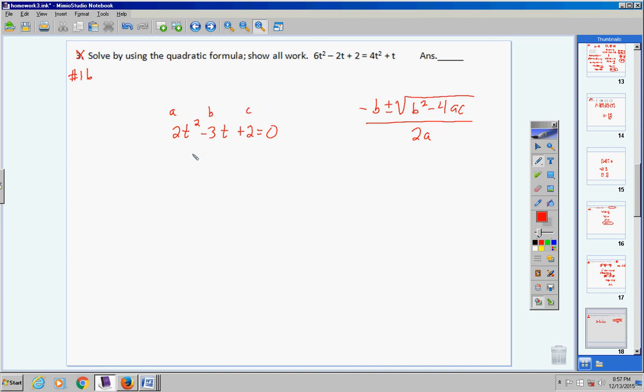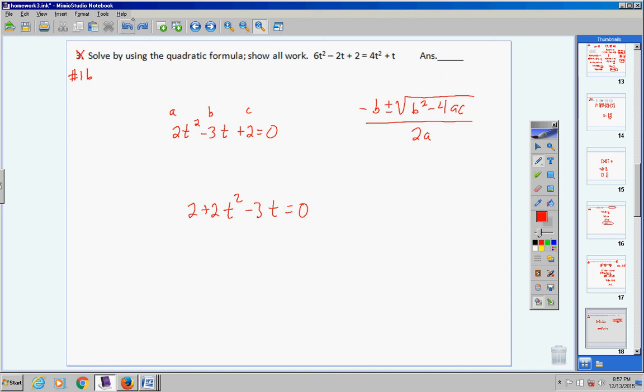Now, on the test that you guys recently took, there was a student who had a problem like this. It was similar to this, and they had their stuff out of order. They had like positive 2 first, and then positive 2t squared next, and then negative 3t here. Now, that's totally fine. I have no problem with that. But they called this a, this b, and this c.